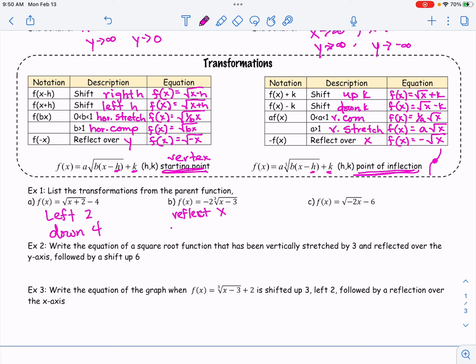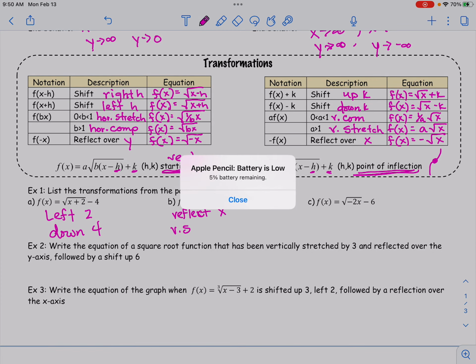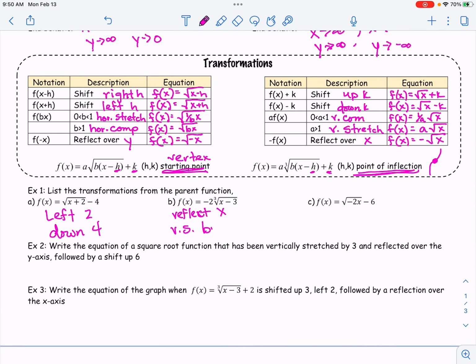It's going to be a vertical stretch by 2, and this is going to be right 3. This is going to be a reflect over y. It is going to be horizontally compressed by 1/2 because you have to take the reciprocal, and this is down 6.